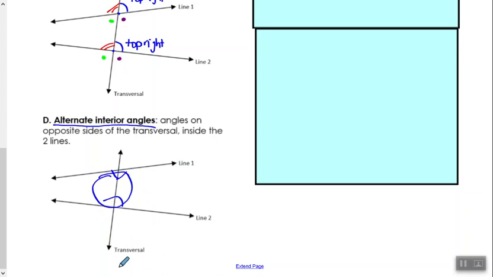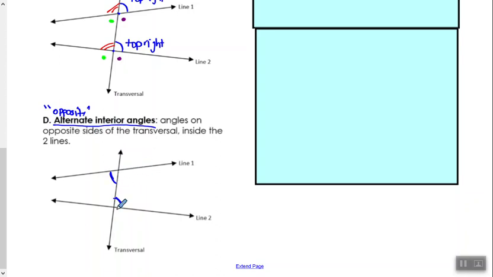Now, alternate interior angles, well, alternate you can think of as kind of like opposite. Here is one of my interior angles. So alternate interior is going to be kind of like opposite. So on this other side of my transversal, on the opposite sides of the transversal and inside the two lines.